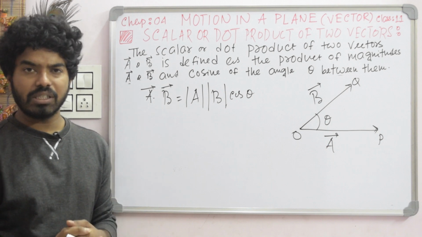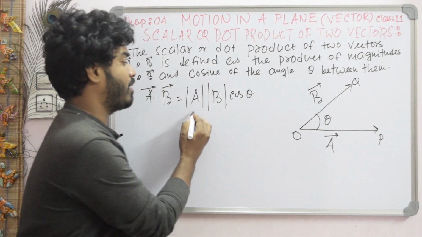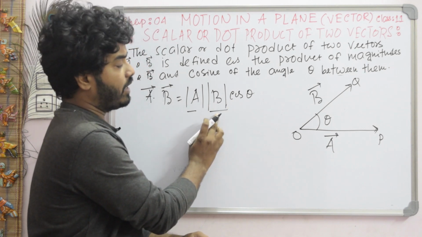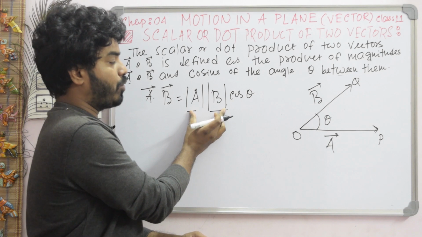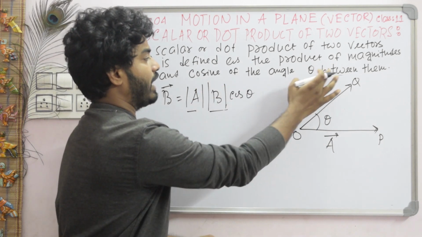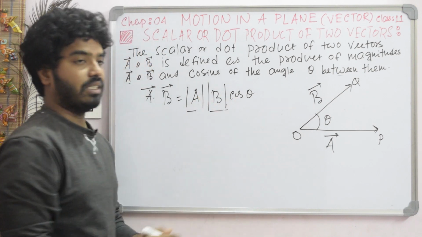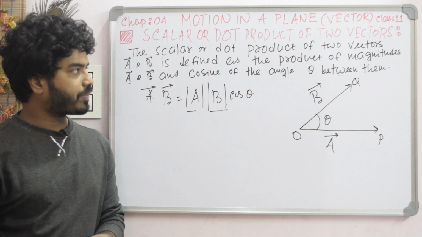So what is dot product? The dot product of two vectors is equal to the product of magnitudes of two vectors. This is the first magnitude, this is the second magnitude. So this gives the product of magnitudes of two vectors with cosine of the angle between them, that is cos theta. What is theta? Theta is the angle between vector A and vector B.